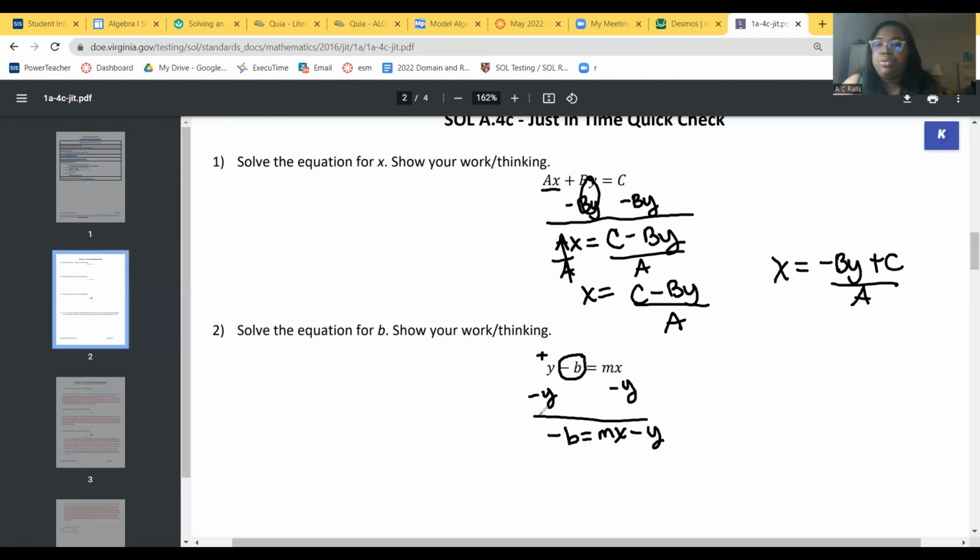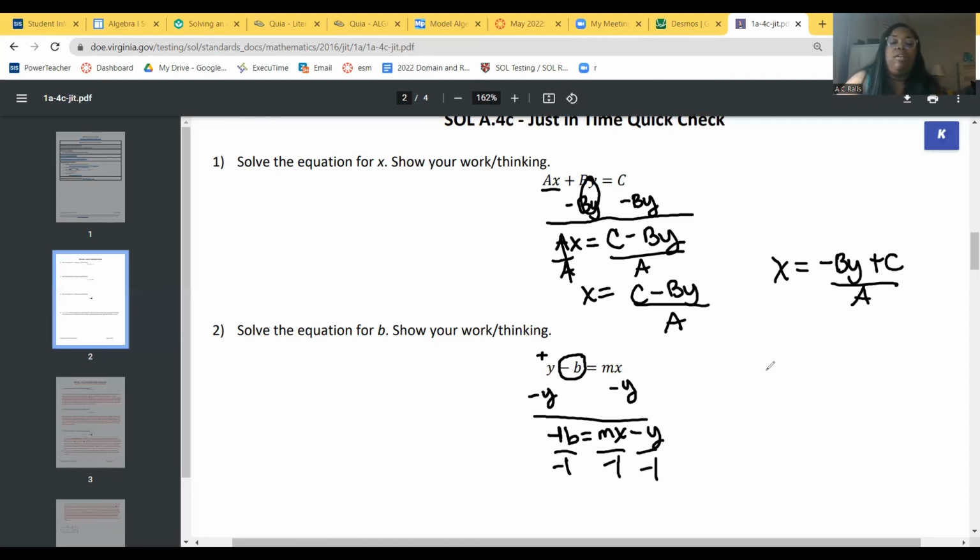You can do one of three things. Take the opposite of both sides of the equation, or you could divide things by -1, or you can multiply everything by -1. So usually what I tell people is to put a -1 there and divide everything by -1.